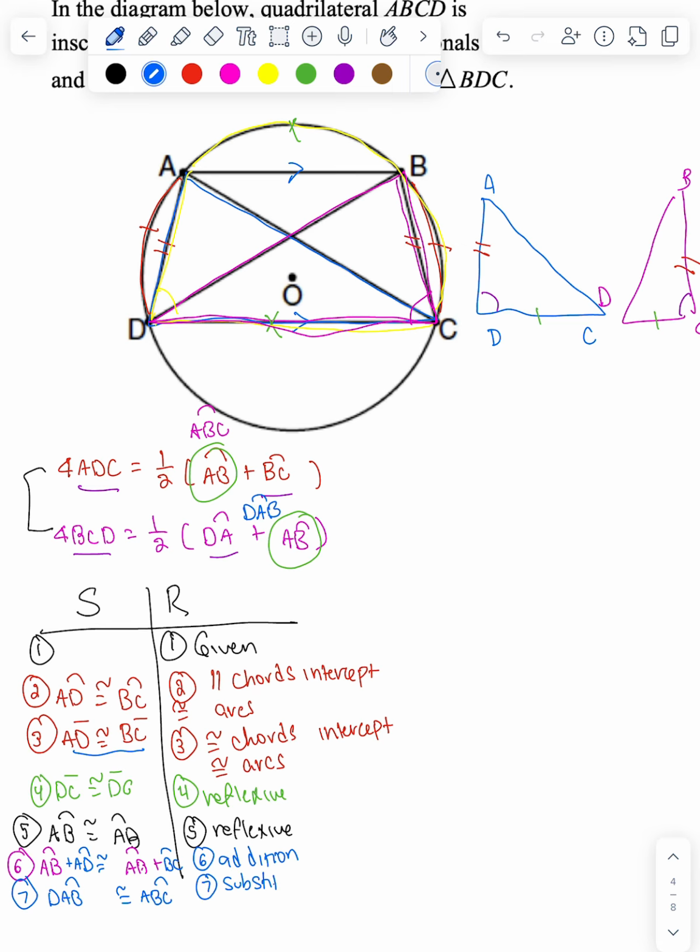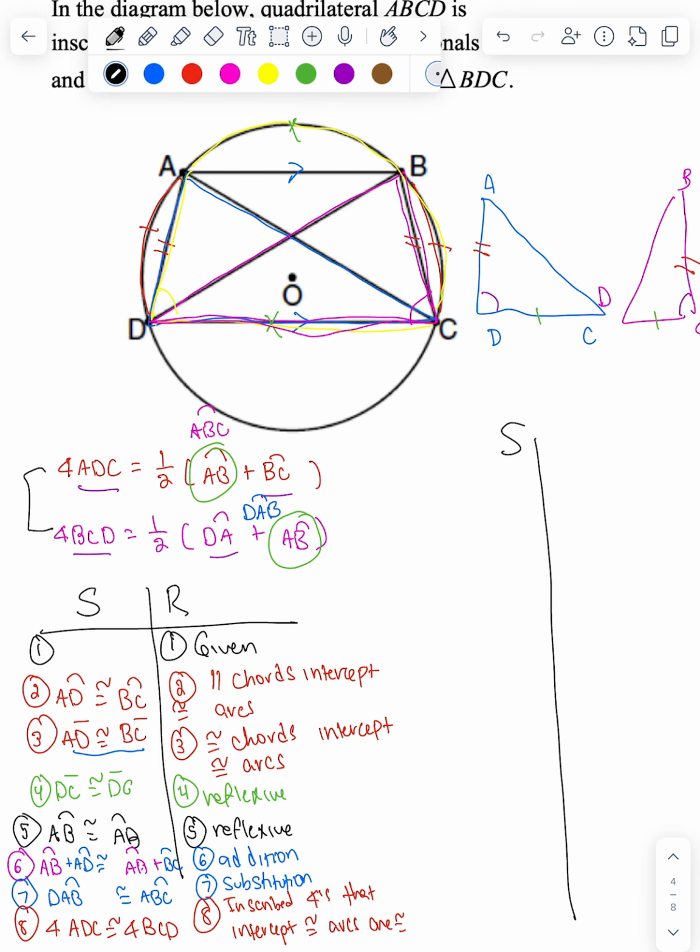And then that's substitution. So now I can say that angle ADC is congruent to angle BCD because inscribed angles that intercept congruent arcs are congruent.